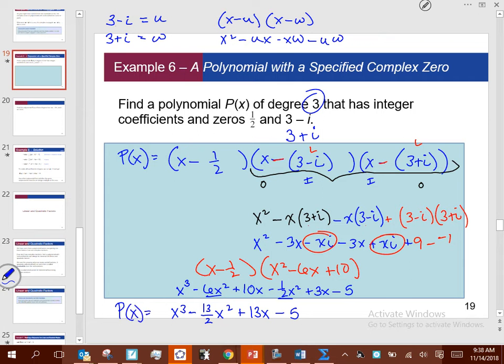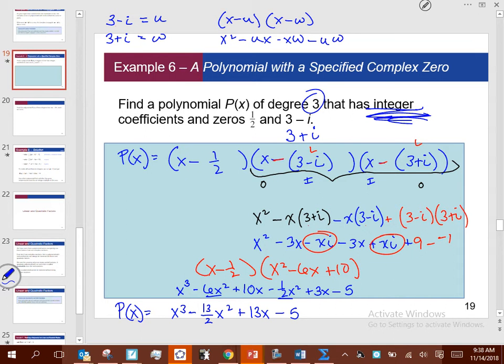And my question is, have we answered the overall problem? Have we created a P of x that models what they ask? Heads bobbing up and down. I can see more heads bobbing left and right.